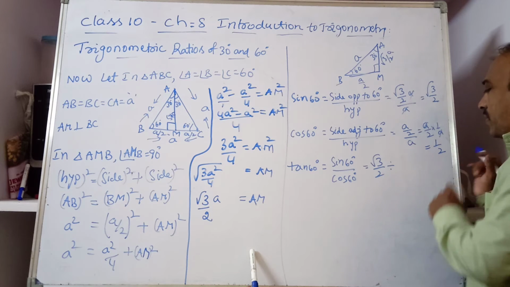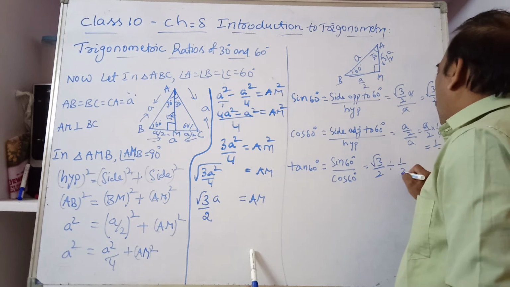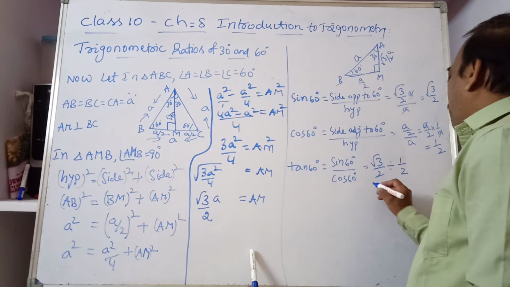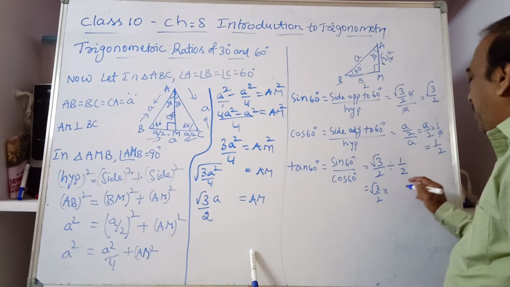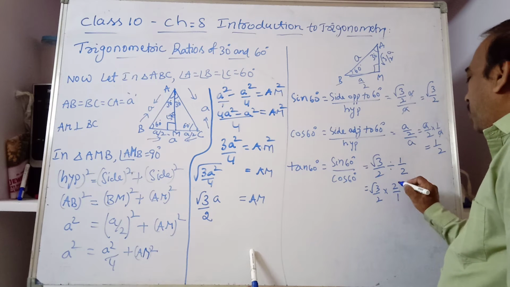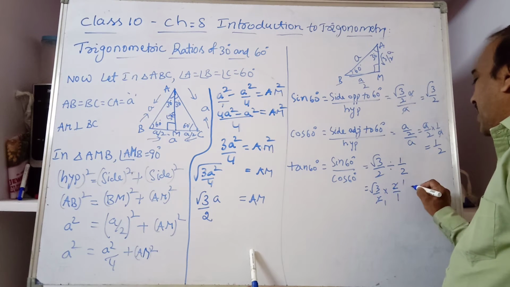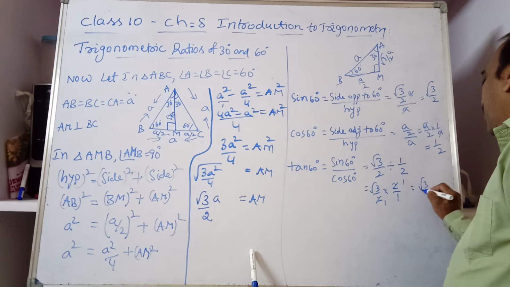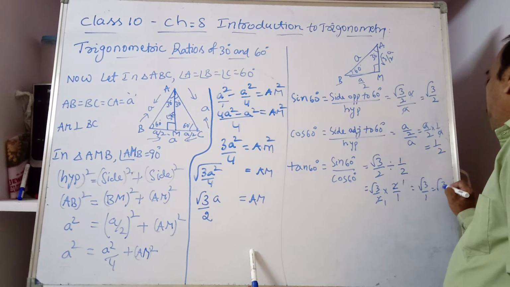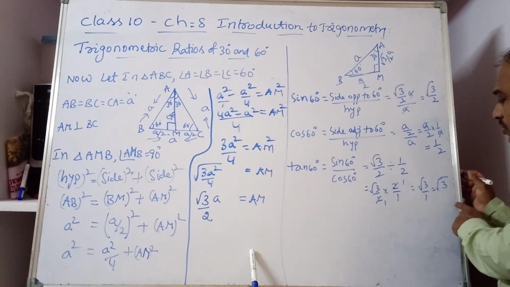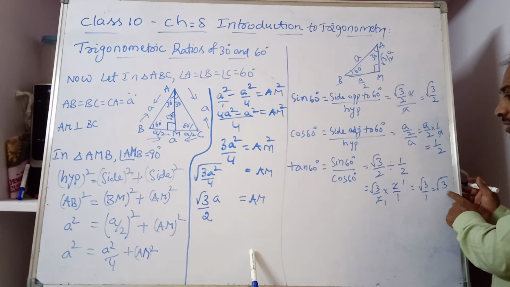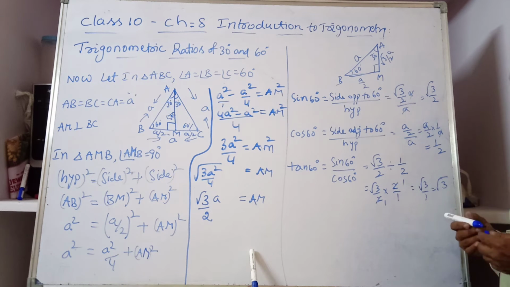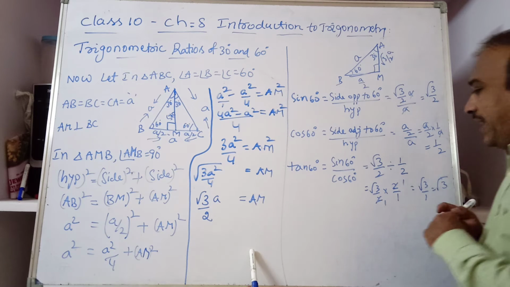Cos 60 is 1 by 2, so taking the reciprocal, root 3 by 2 into 2 by 1. The 2s are cancelled, giving root 3 by 1, which is equal to root 3. Tan 60 value is equal to root 3.